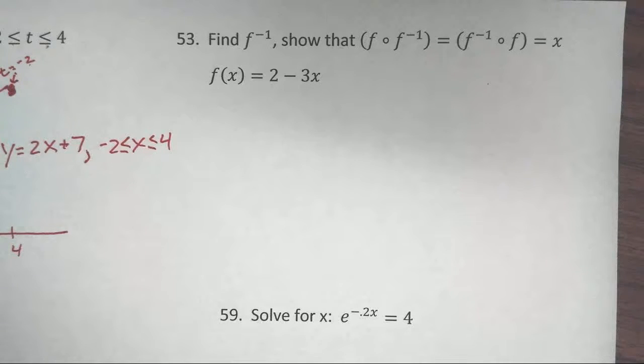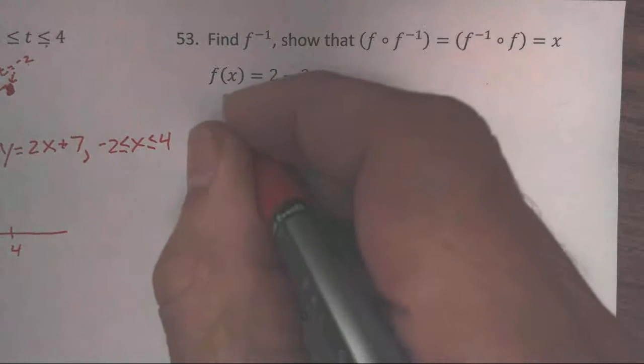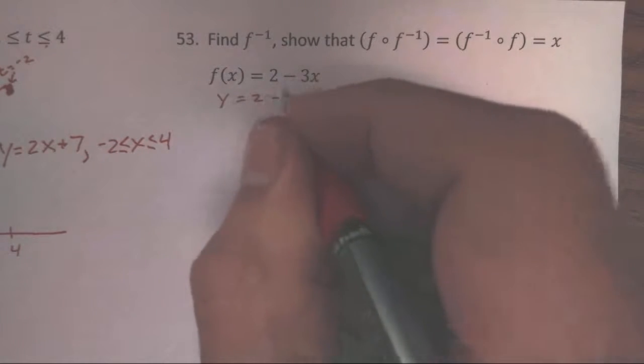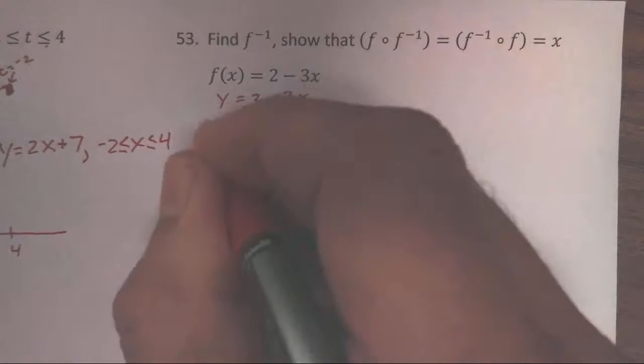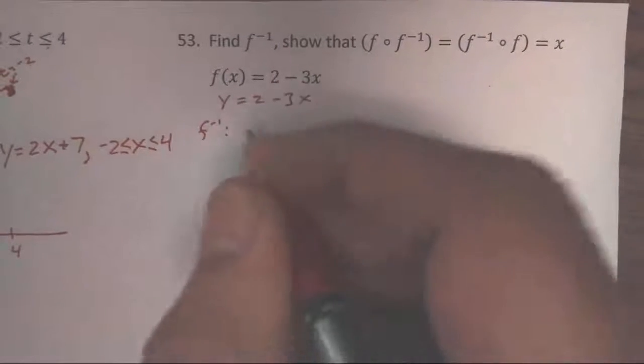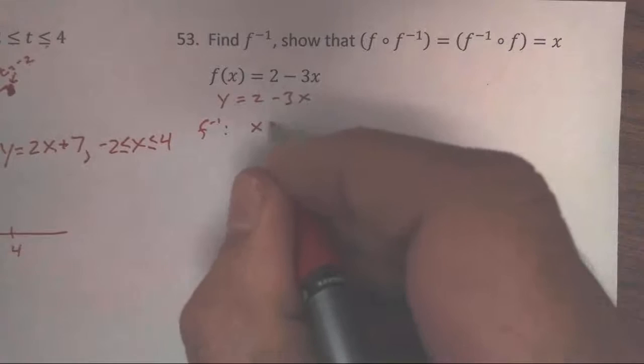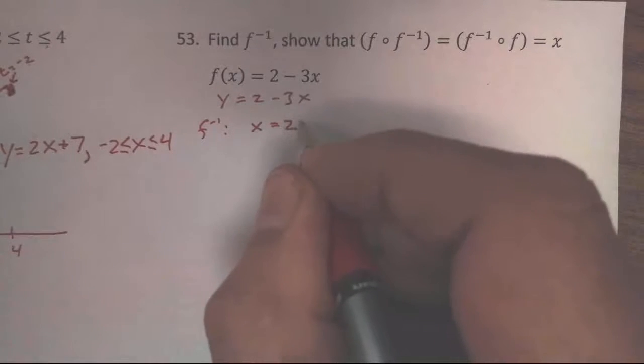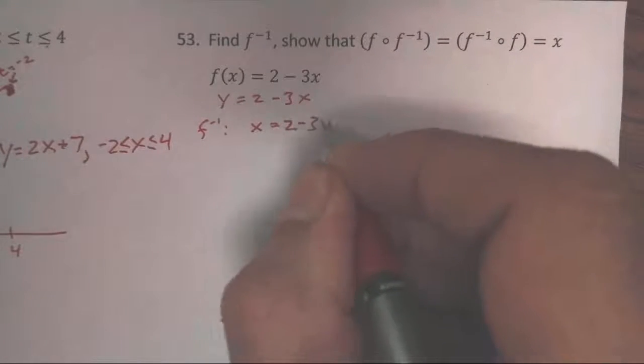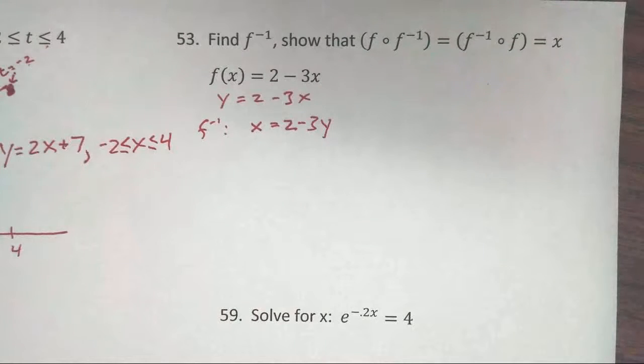All inverse functions do is they turn y's into x's. So since this is just a fancy name for y equals 2 minus 3x, to find f inverse, I'm going to turn y into x and x into y and solve that for y.